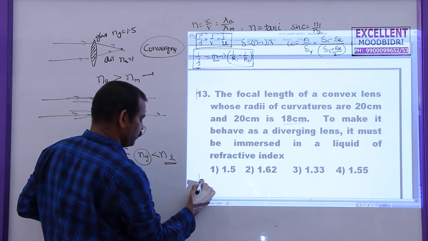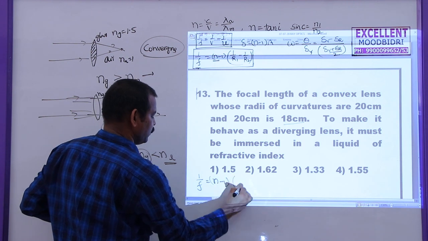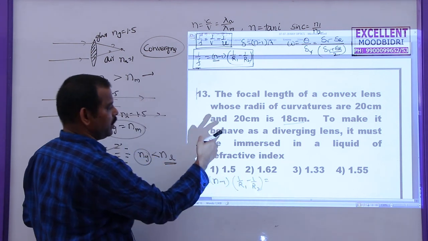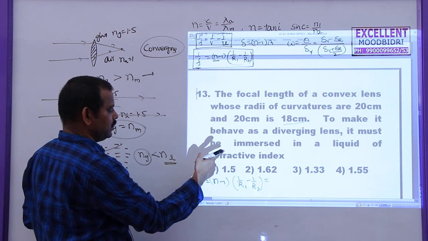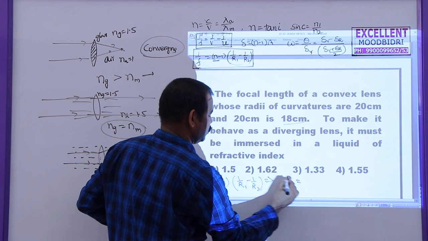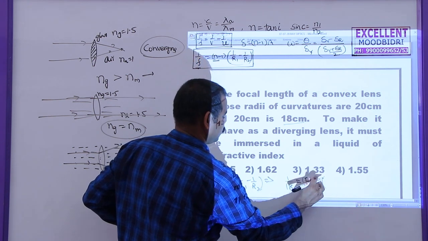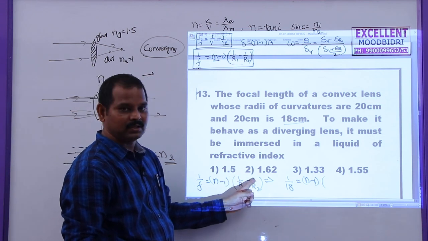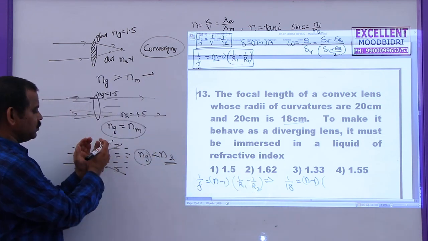So 1 by f is equal to n minus 1 into 1 by r1 minus 1 by r2. So here n is not known, but f is known. So 1 by 18 is equal to n minus 1 into, this will be 1 by 20 minus of minus 1 by 20. Why? Because one is positive, the other one is negative.